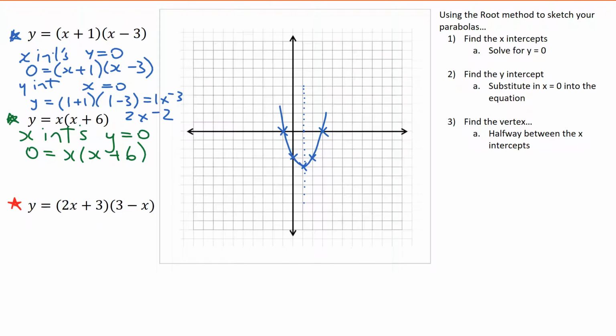What are my two x-intercepts? 0 for that one there, and -6 for that one. So 0 and 1, 2, 3, 4, 5, 6. Where's my y-intercept? 0. Yeah, because that point there actually goes through my y-axis, so that is my y-intercept.